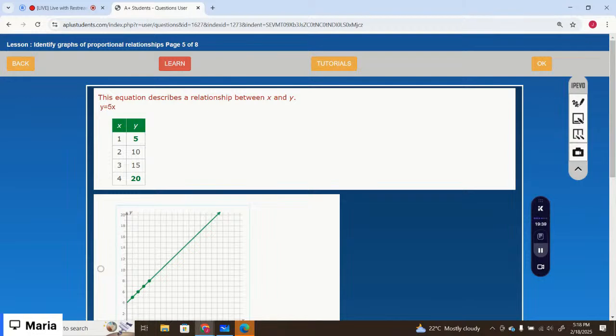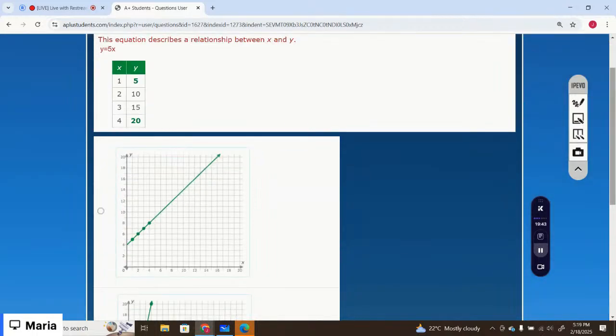This equation describes a relationship between x and y: y equals 5x. So, which is the correct option?